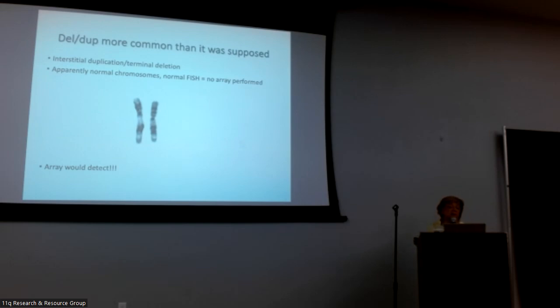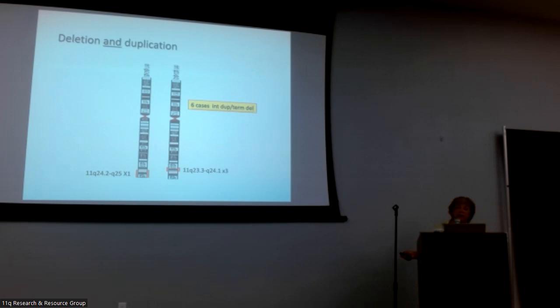And my surprise was in the last conference in Germany, the number of patients with interstitial duplication and terminal deletion of 11q. I don't show this again because I already showed it.